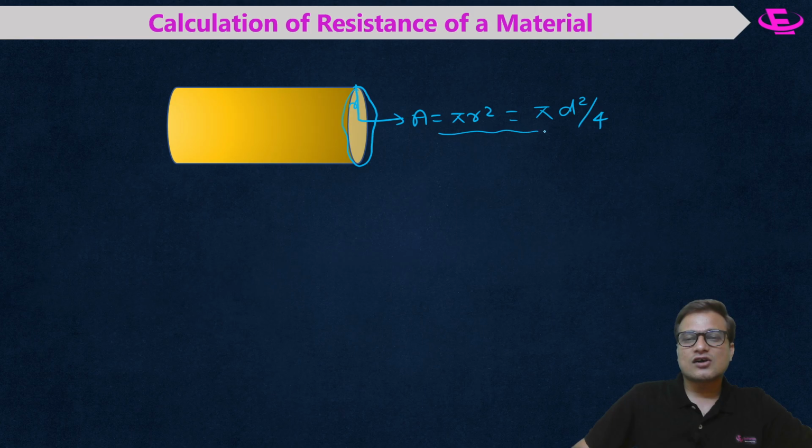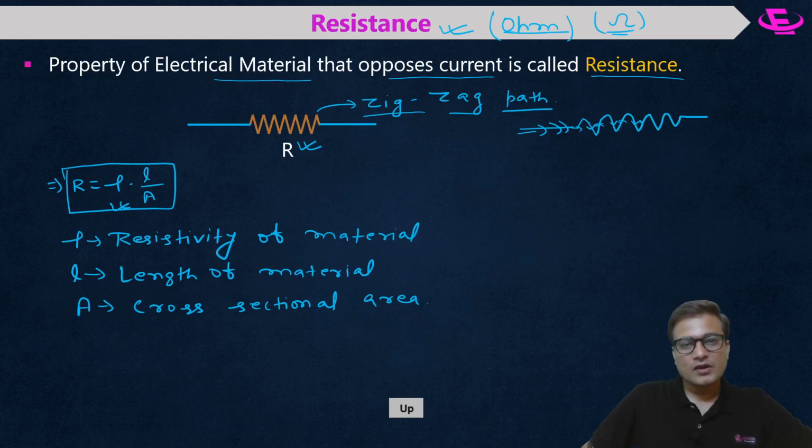So this is the cross sectional area. Now what is the length? You can see this conductor is lying from this point to this point. So this is the length. Clear? Now the resistivity value will be given to you. You will have to find the resistance of the object. Clear?